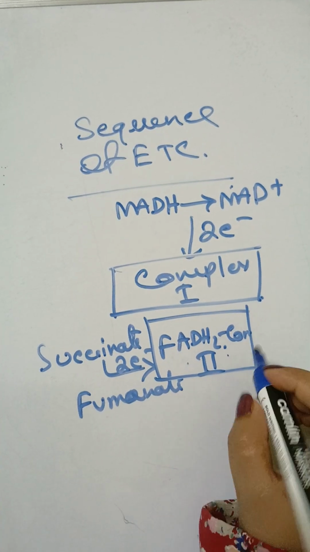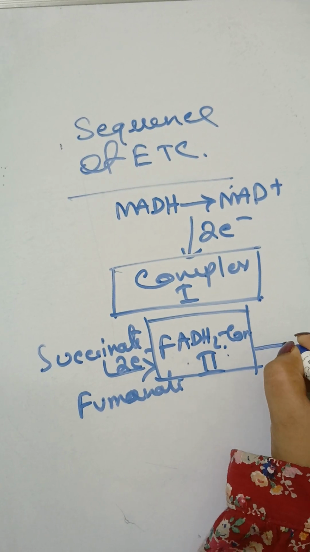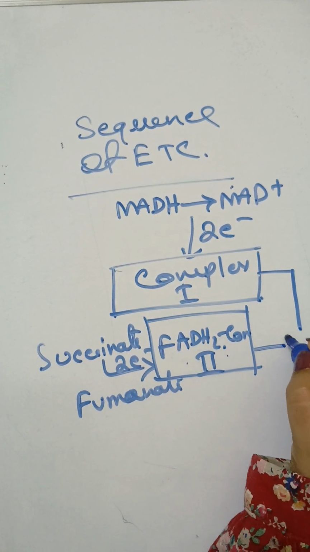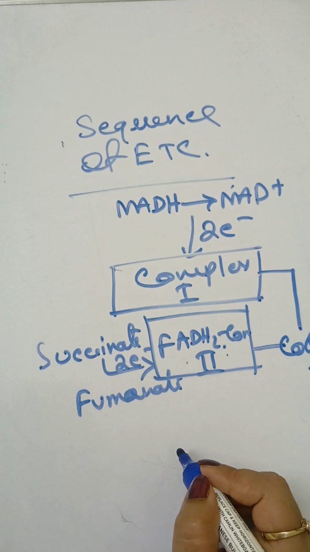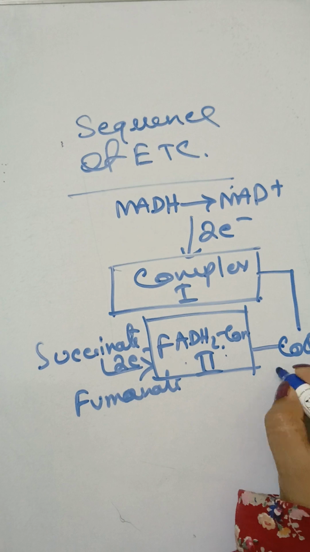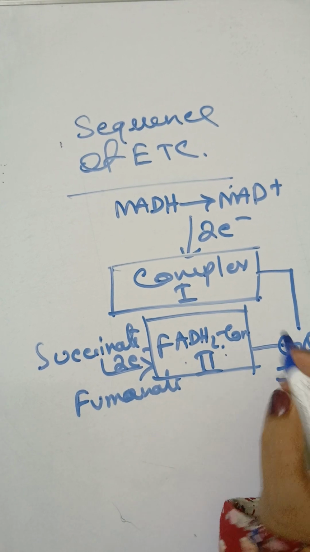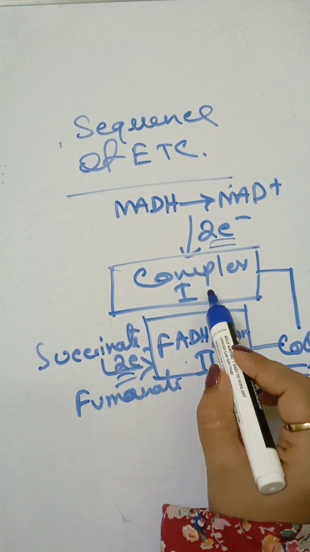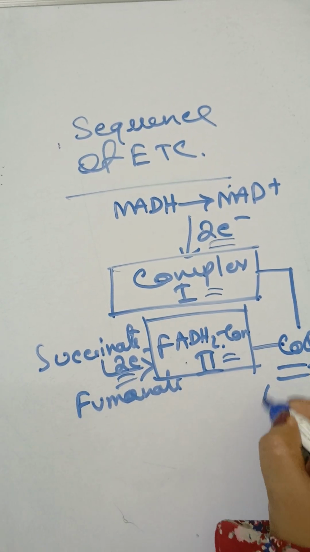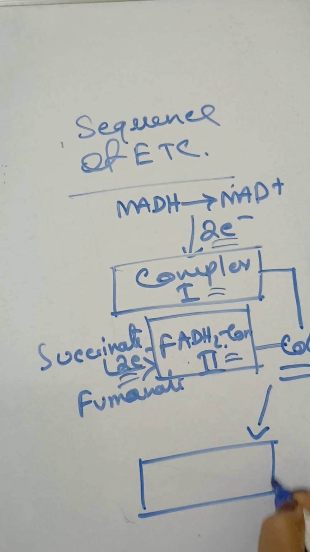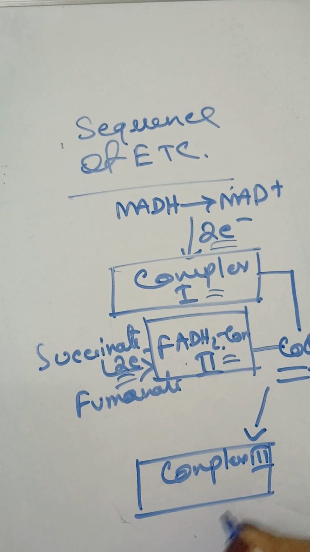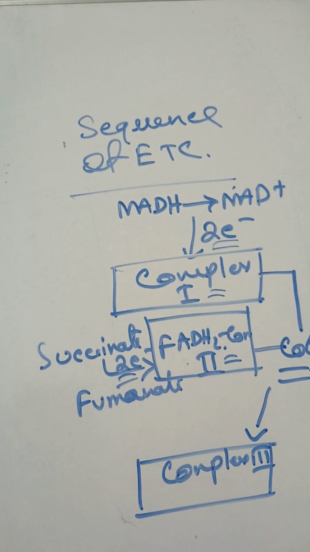After that, from complex 2 and from complex 1, with the help of coenzyme Q, also known as ubiquinone, the electrons from complex 1 and complex 2 together will pass on to complex 3.